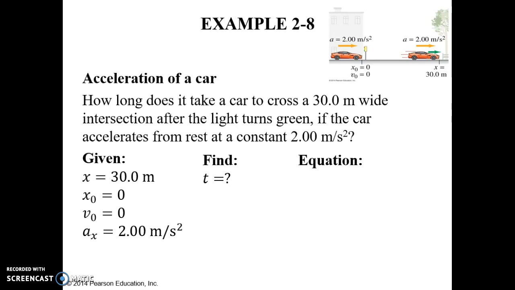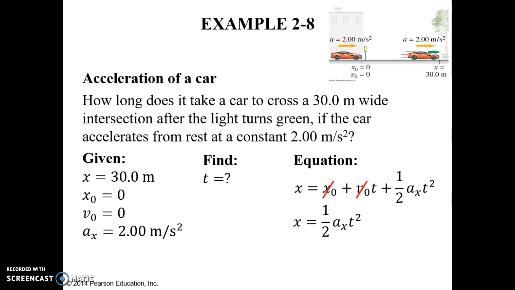Can you guess which of the three kinematic equations we should use? Correct. x equals x naught plus v naught t plus 1/2 at squared. Now, cross out any variables that equal 0. Then rearrange the equation to get x equals 1/2 at squared.